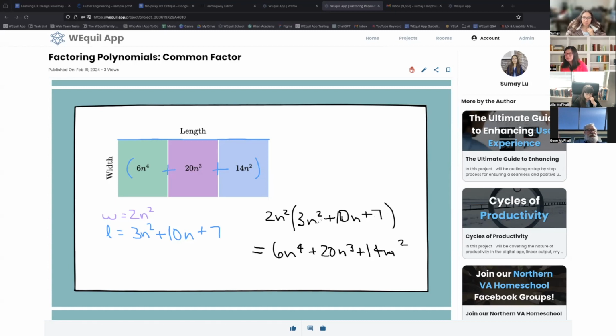Does that make sense? Because we have our width over here, which is 2n squared, multiplied by the length. Okay, cool. Awesome.